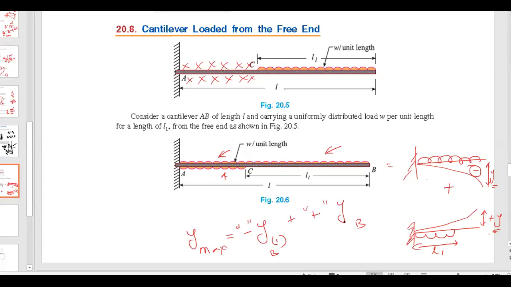Both are the deflections at the B point only.